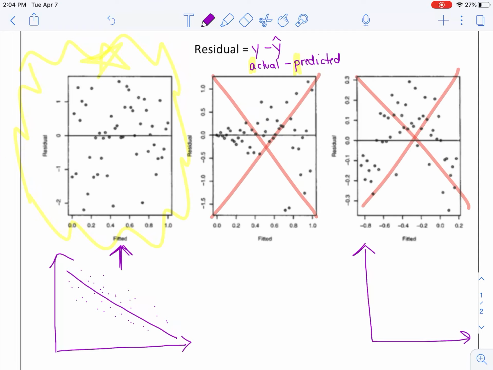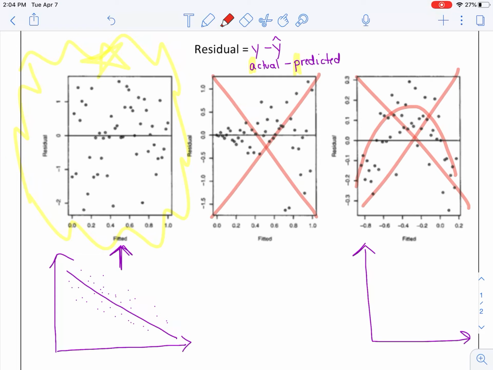The reason this third one is not the best is because it has a bunch of negative residuals first, then a bunch of positive, then a bunch of negative again. Yeah, there's this one, but in general, the trend looks like this.